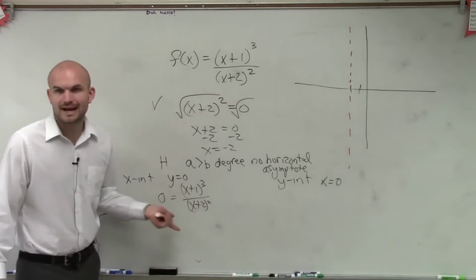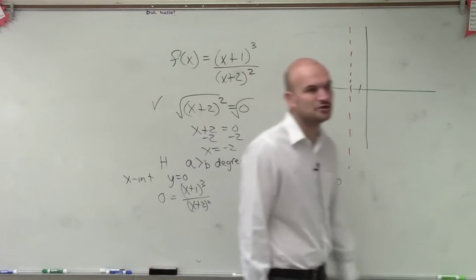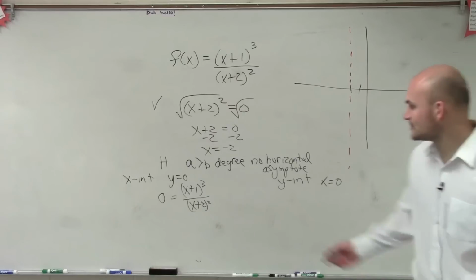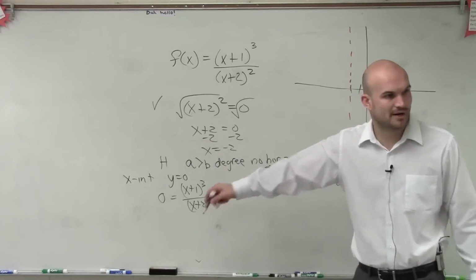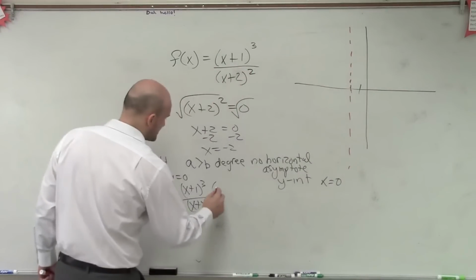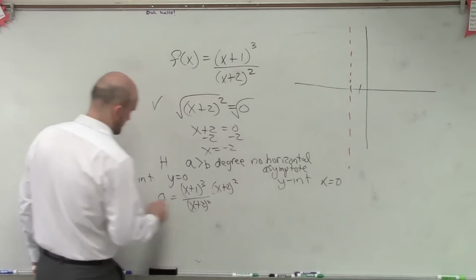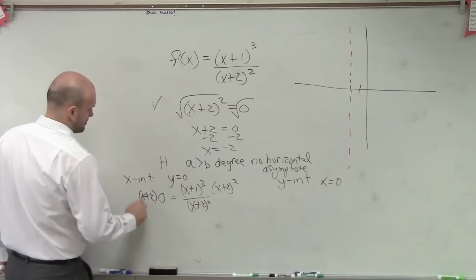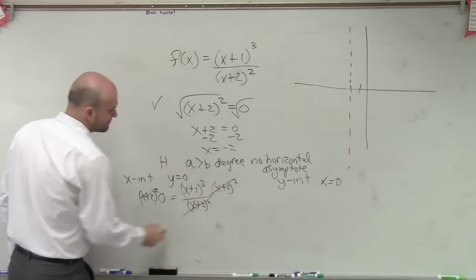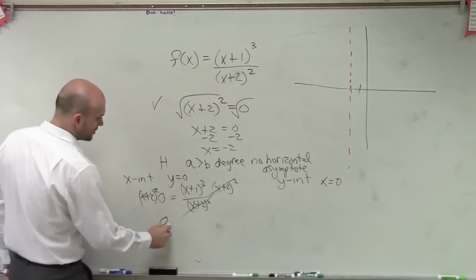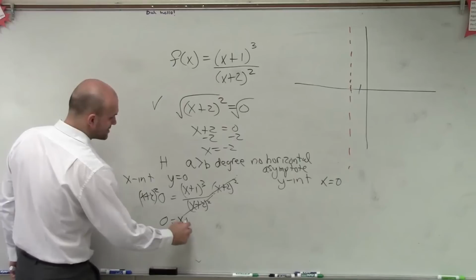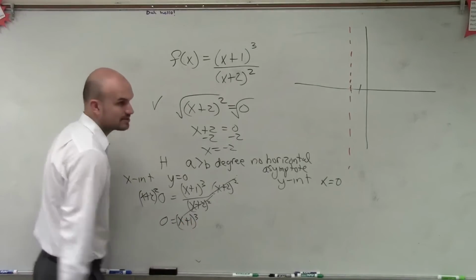So again, ladies and gentlemen, how do you solve for x? First of all, we need to get the x plus 2 off the bottom, so I multiply by x plus 2 squared on both sides. Those now divide into 1, and this multiplies to 0. So I'm left with 0 equals x plus 1 cubed.